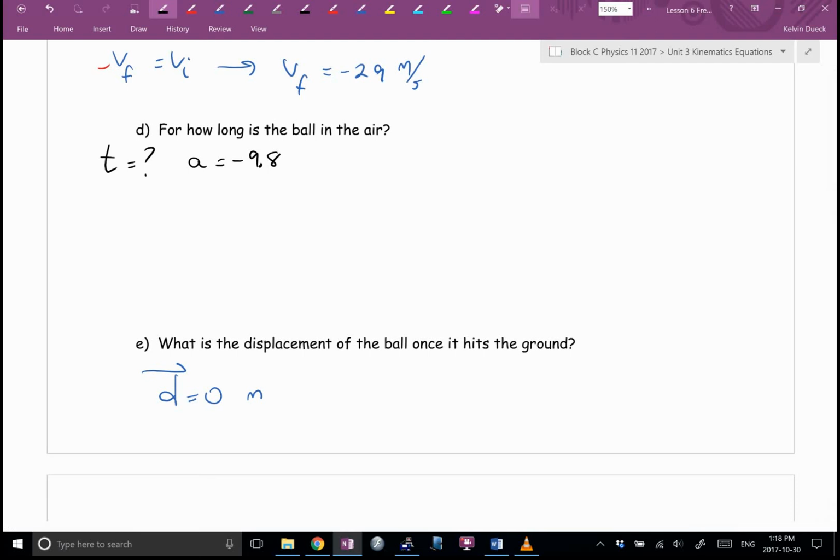What's VI? 29? What else do I know? Can use D equals 0. Leave a space. Write that over here in the margin. I'll show you why in a second. What else do I know? Sierra, you might have been right. What's VF?